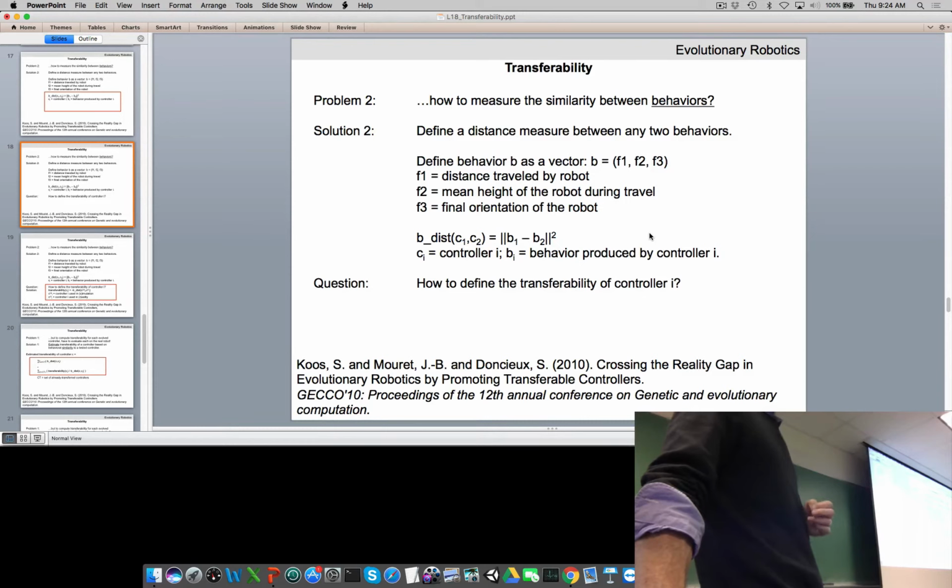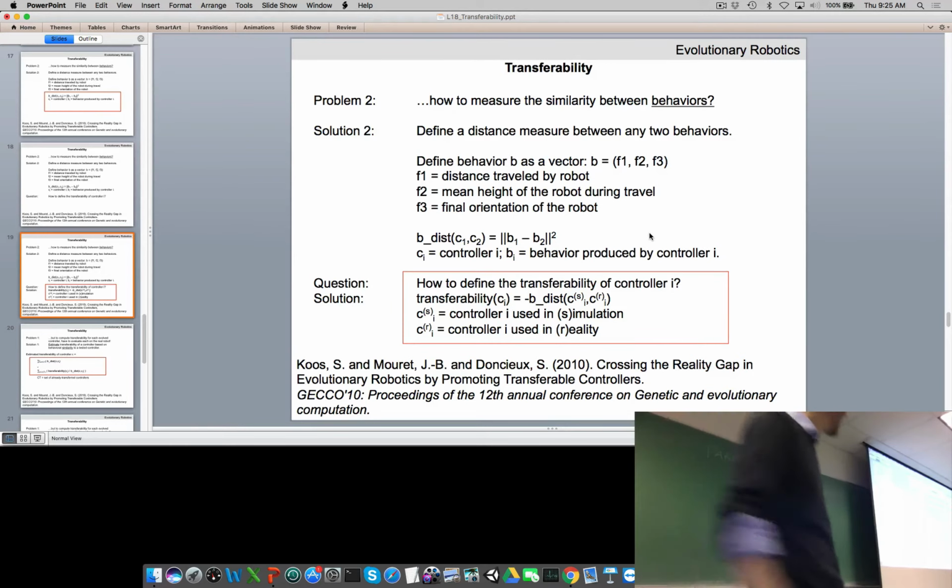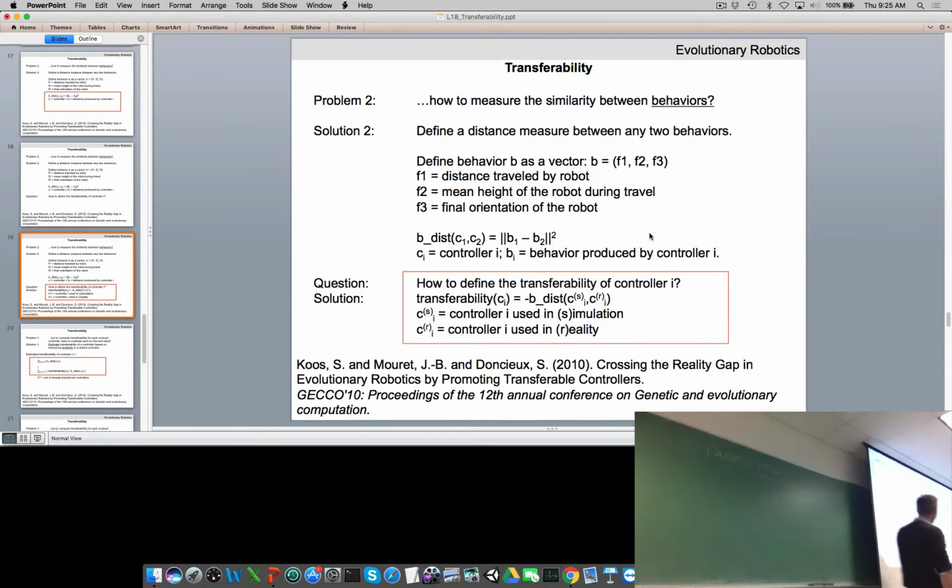If they're similar, you can just test one, and then everyone that has a similar enough distance can just be said to have the same transferability. Exactly, right? So we're going to look for controllers that are far from controllers that have been transferred to reality so far. So we're going to define transferability of controller I here.